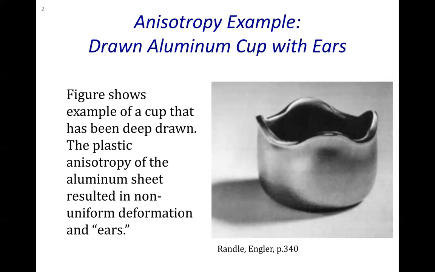So a huge amount of this work was actually very much motivated by this problem, by how to make beer cans cheaply. Internationally, a huge amount of money was spent on solving this earring problem, and it led to the development of crystal plasticity finite elements and other simulation techniques, texture analysis tools.